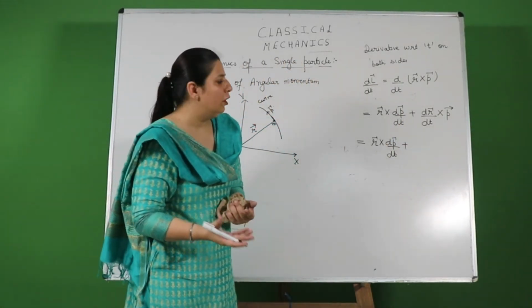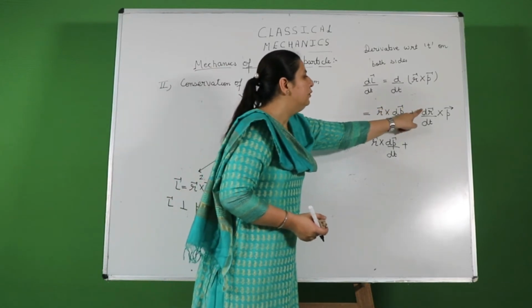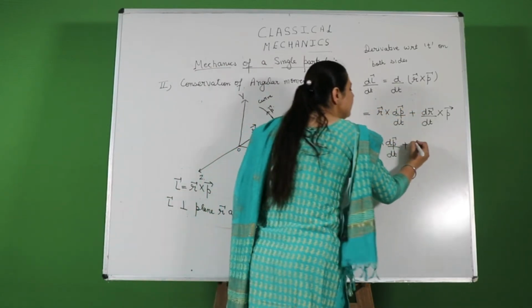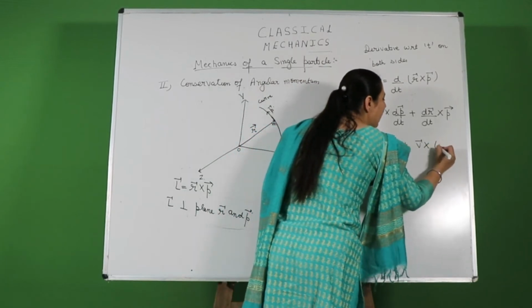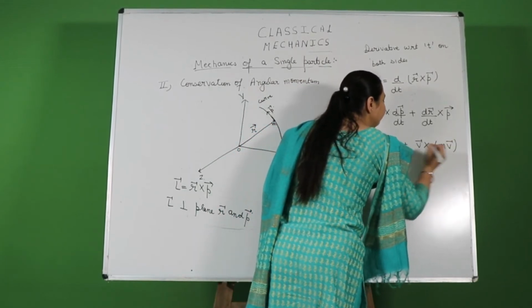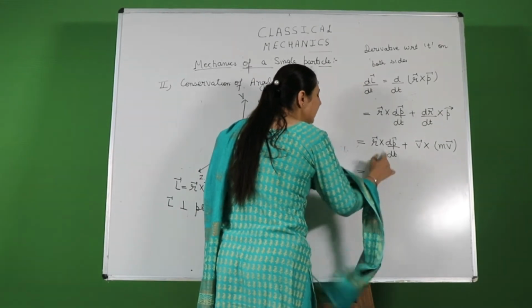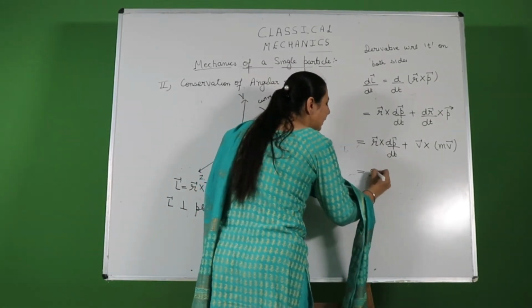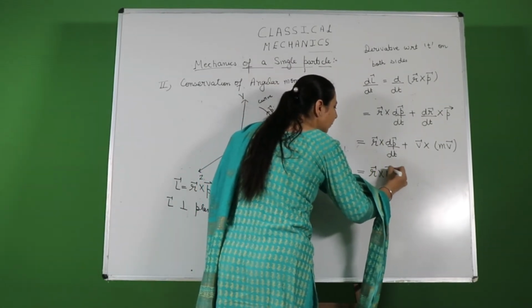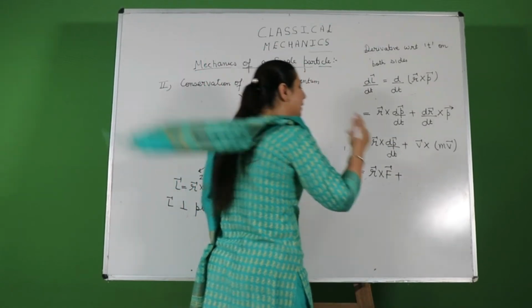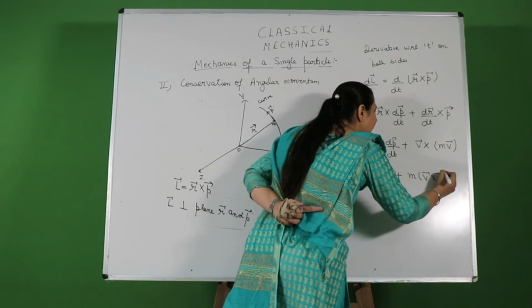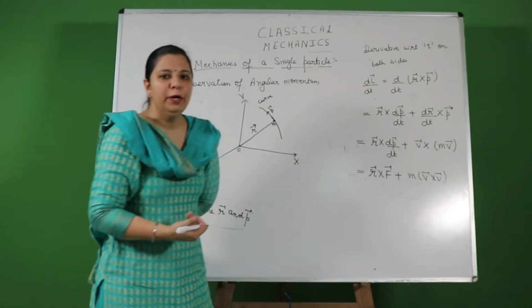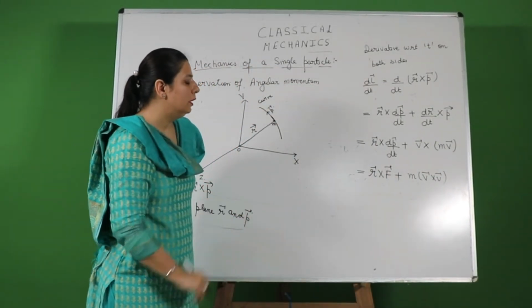It is basically velocity, as it is rate of change of displacement. So this becomes v cross momentum, which is mass into velocity. Okay. So dp by dt is nothing but force. Mass being the scalar quantity will come out, and I will have cross product of velocity with the velocity.